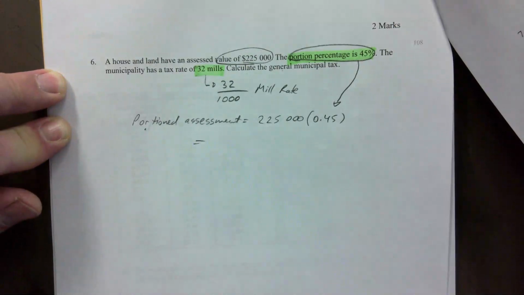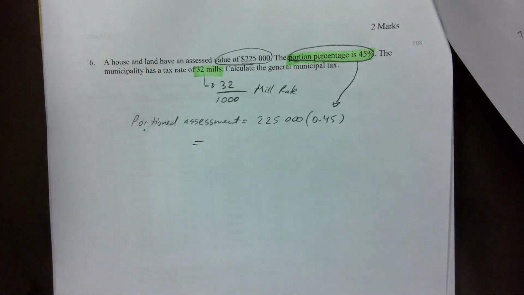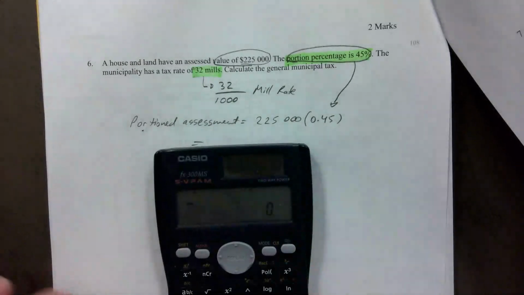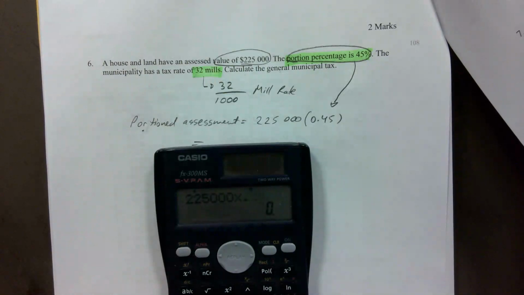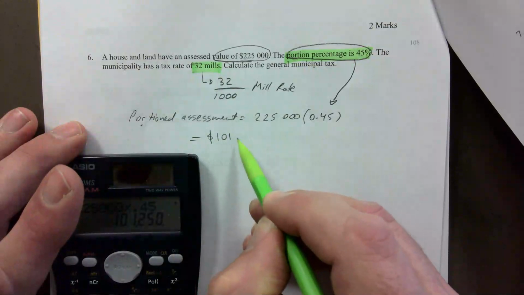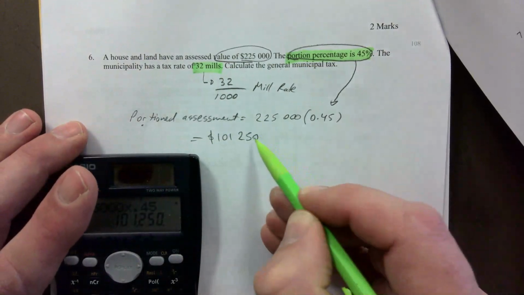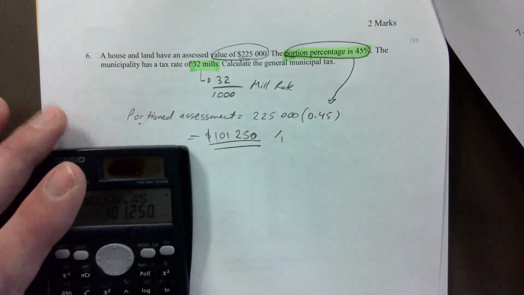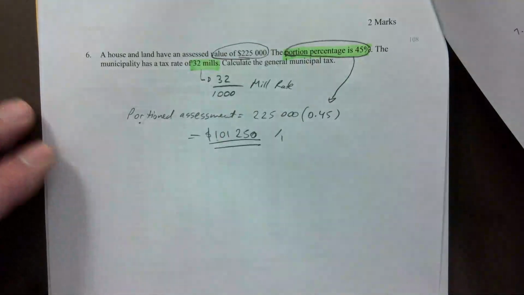I need that every time before you do a mill rate, you need the portioned assessment, and in this case, you have to calculate it. I don't have the key in front of me, so you're just going to have to bear with me here. The municipality, wherever you live, is going to tax you on this. This is worth a mark right here.